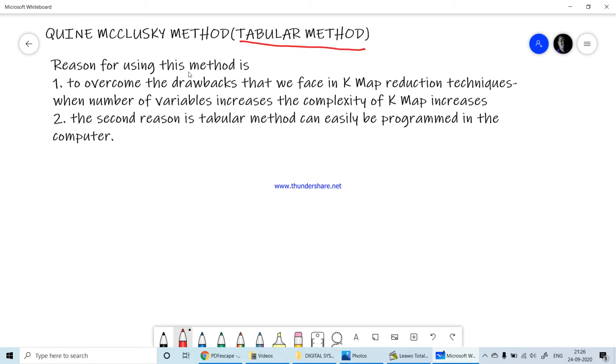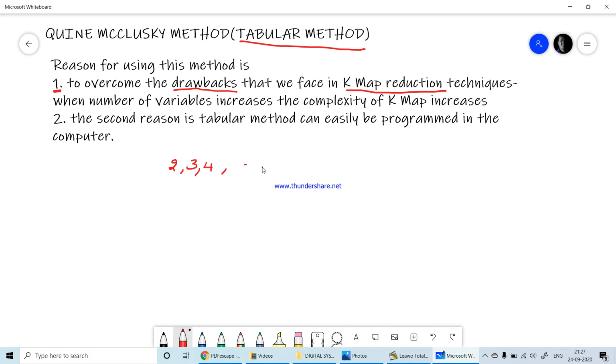The main reason for using this method is, first, to overcome the drawbacks that we face in K-map reduction techniques. When the number of variables increases, the complexity of K-map increases. A 2 variable, 3 variable or 4 variable K-map is fine.